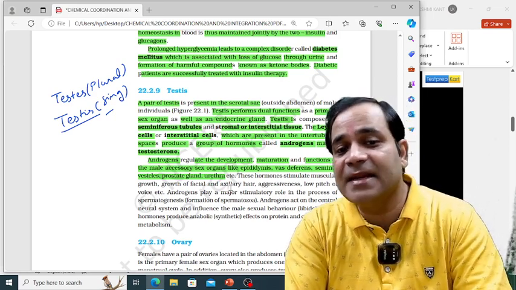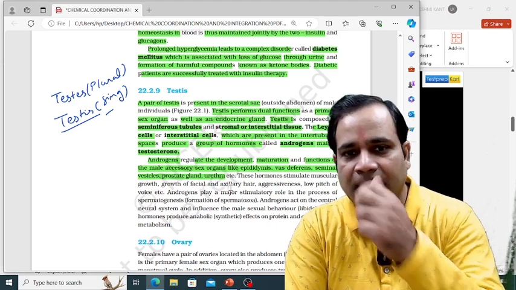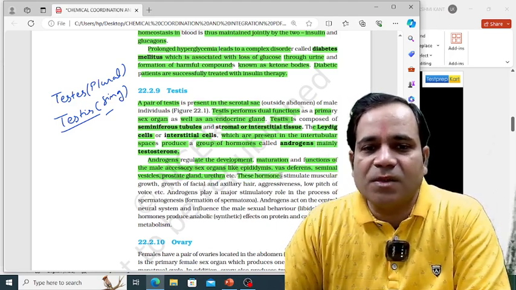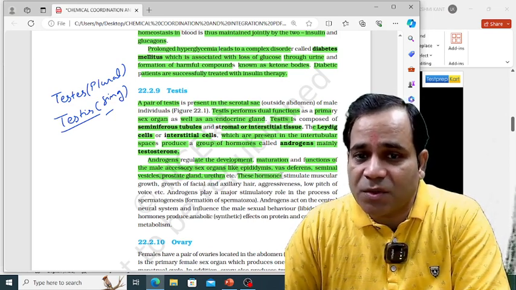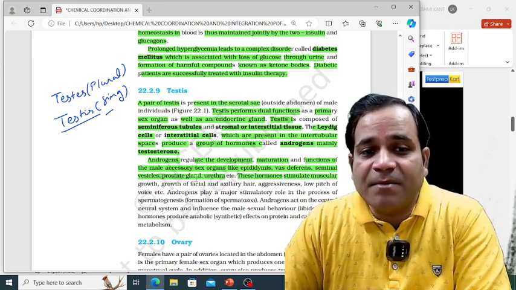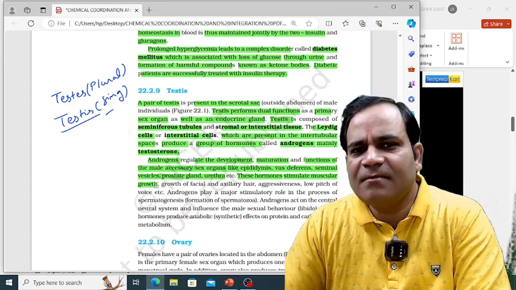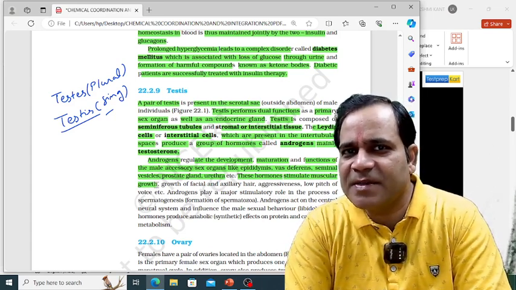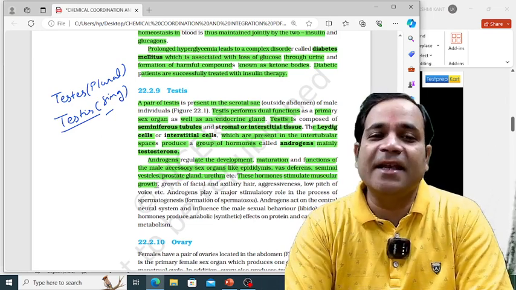These hormones also stimulate muscular growth. Which hormone is responsible for muscular growth? Yes, the androgen hormone.